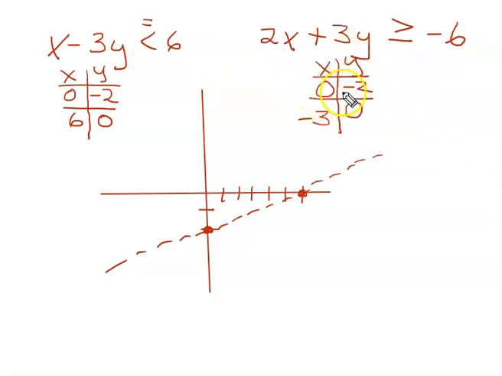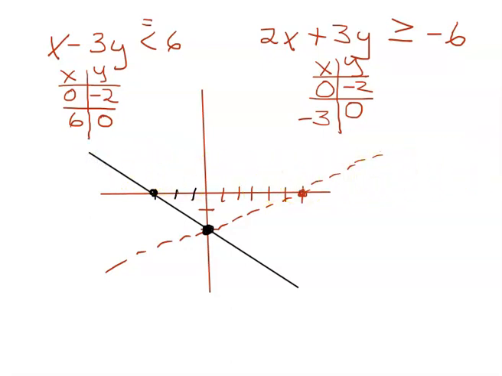This is 0, -2, so right there still. We said this would be a common point of intersection. And then here this is -3, 0. So 1, 2, 3, right there. Now this is going to be a solid line. So I'll use my line tool here and make a solid line.